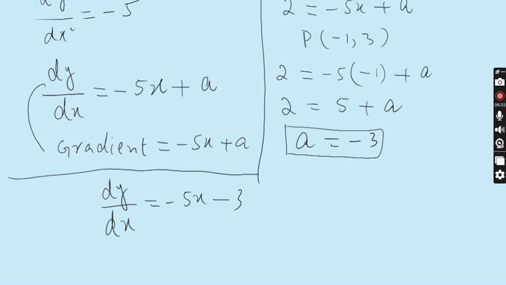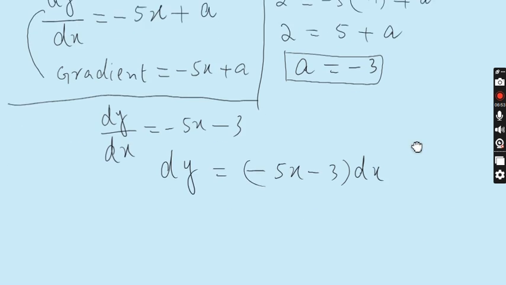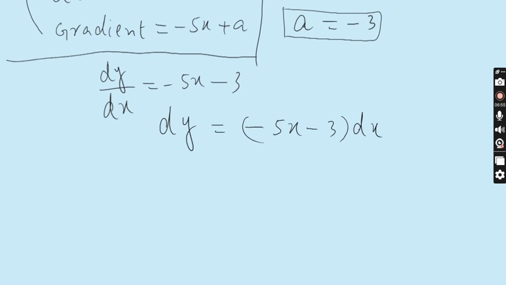Now according to the question we have to find the equation of the curve. So move this dx on the other side, dy = (-5x - 3) dx. Now integrate both sides.